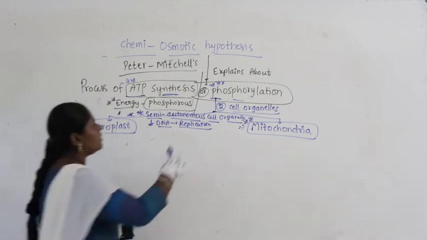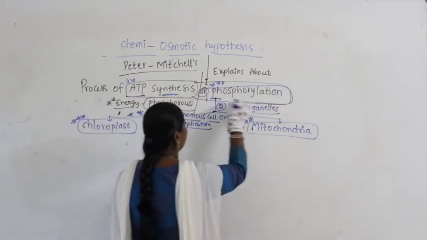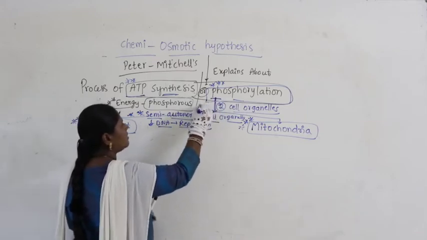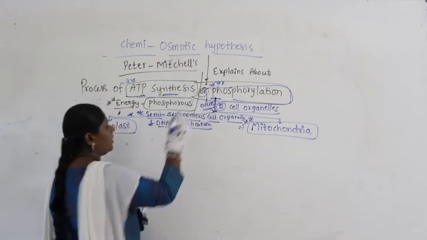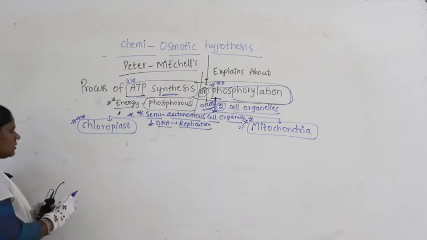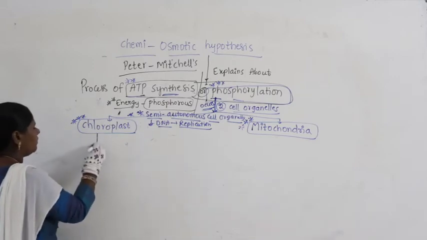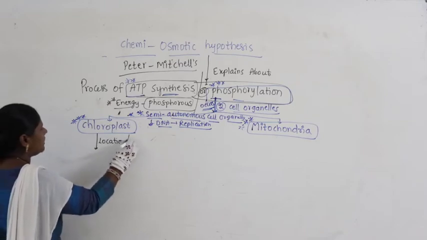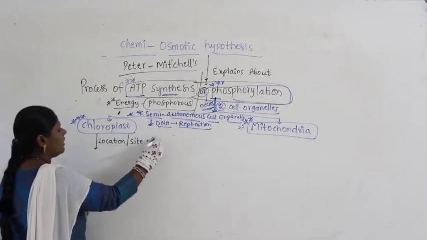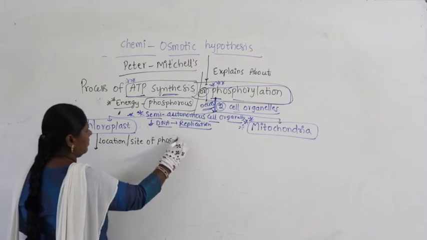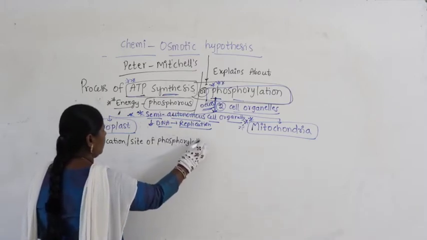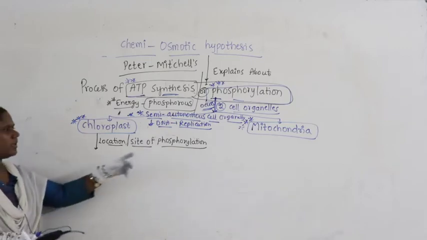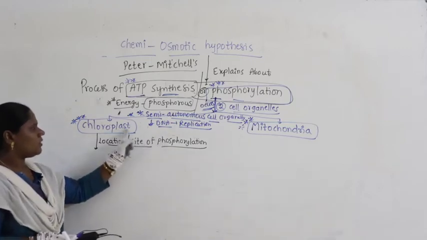So we are discussing phosphorylation. Phosphorylation occurs in two cell organelles, right? Now if you take chloroplast, where is the location or site of phosphorylation, meaning where the ATP synthesis takes place within the chloroplast?